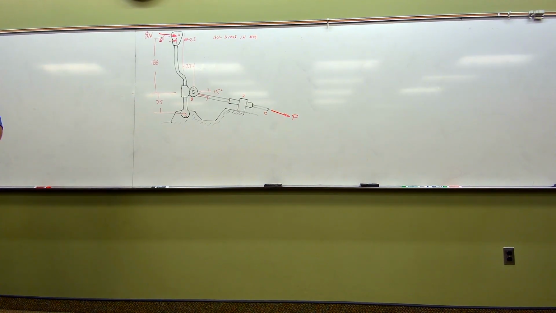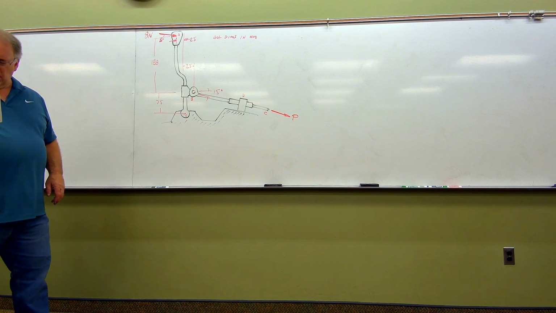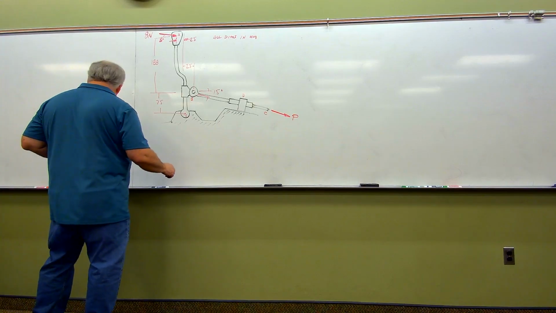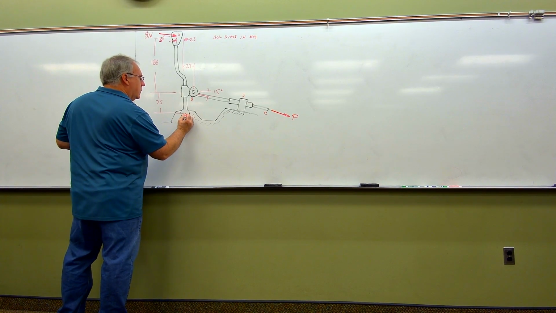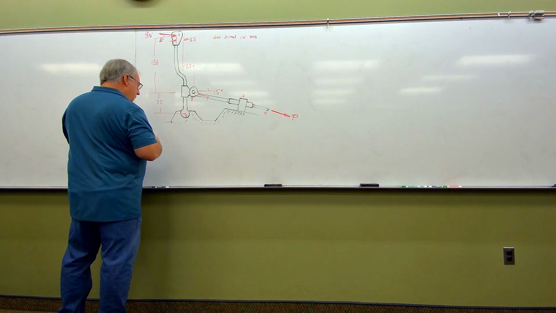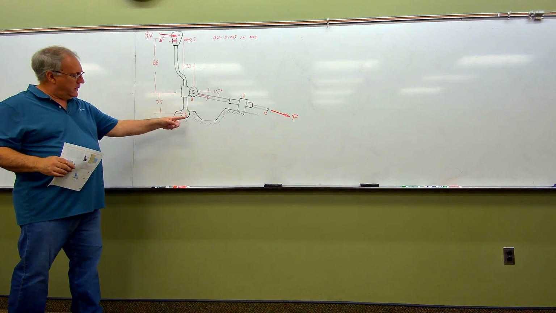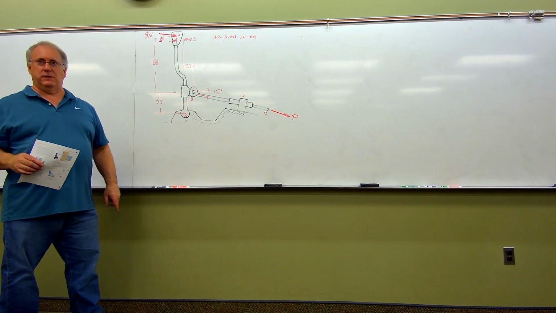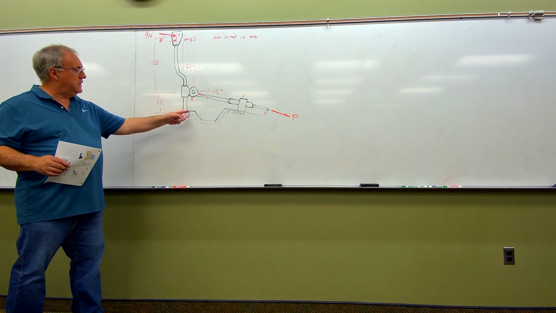Now, we're told several things. Neglect friction in the ball and socket joint at O. Actually, what I wrote as C is really point O. So all they're saying is in this ball and socket joint, which is this thing right here, which we have never seen before, there's no friction on that surface.